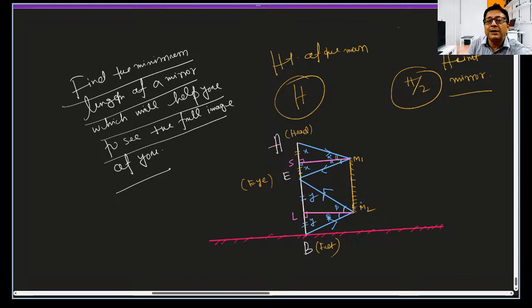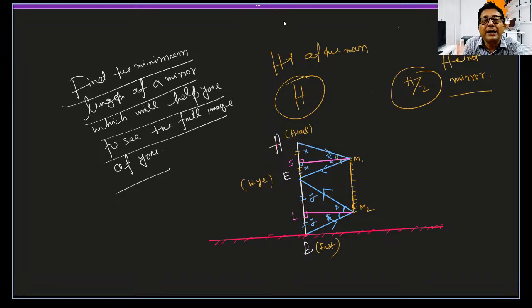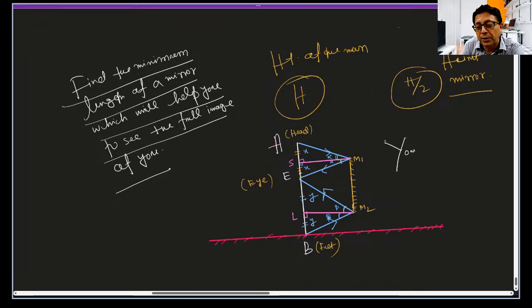Now in terms of x and y, what is your height? It matters. Your height is going to be what? Your height h, that is going to be x plus x, y plus y. So h equal to 2 into x plus y.